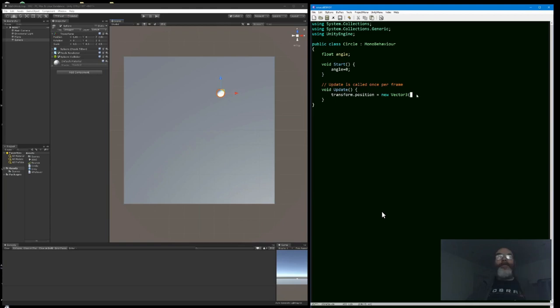So in the x, I'm going to put the cosine, Mathf.Cos of my angle. 0, because the height of the ground is going to stay 0, and then Mathf.Sin of the angle. So this would do that. And then each step I say angle plus equals 1.